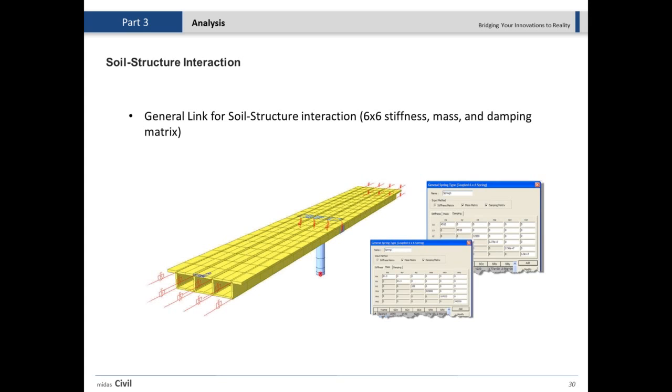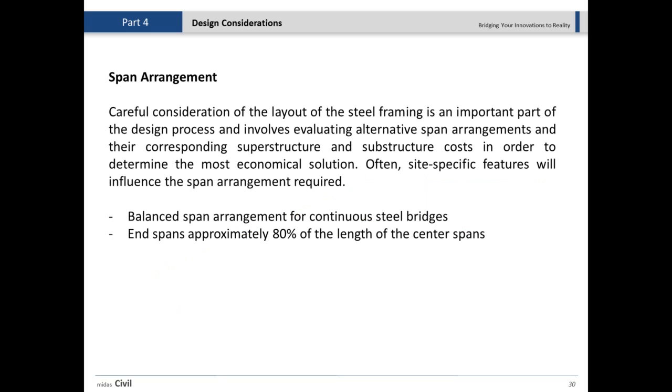This is an option available in Midas Civil, where you can just remove the entire pile group and apply a general spring which represents that pile group, and then represents the soil structure interaction of those piles with the surrounding soil. And how we define that, we are using 6x6 matrices of mass, damping, and stiffness.